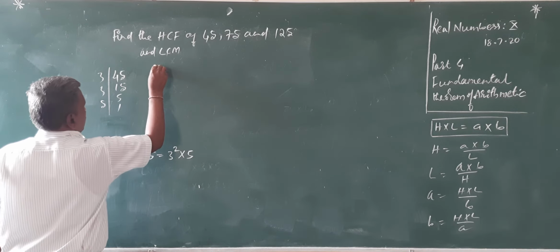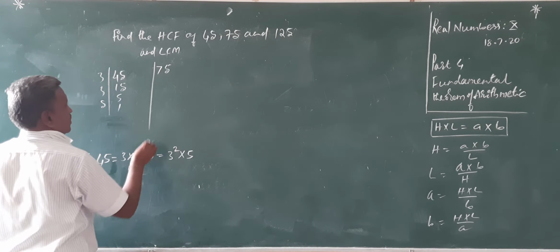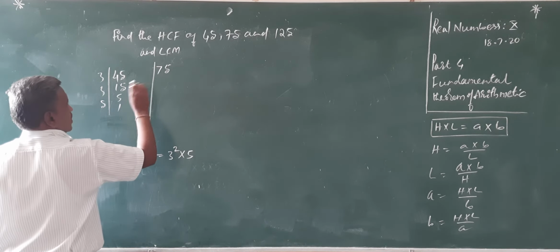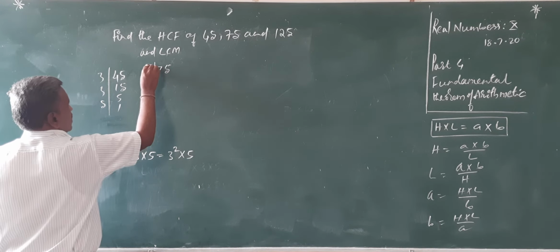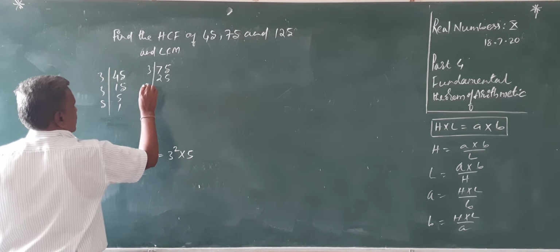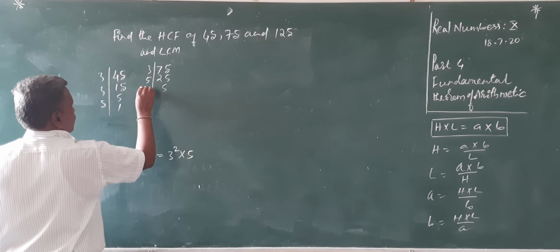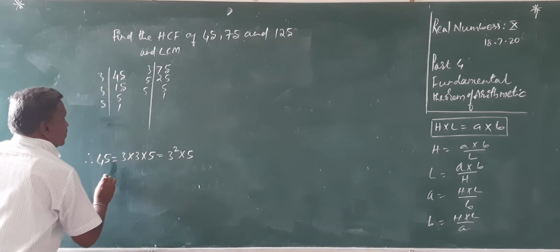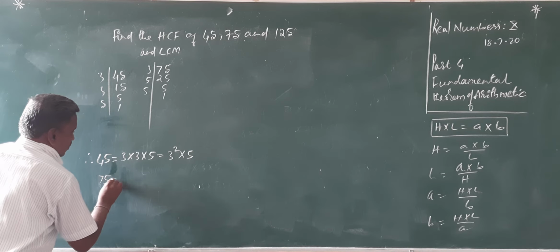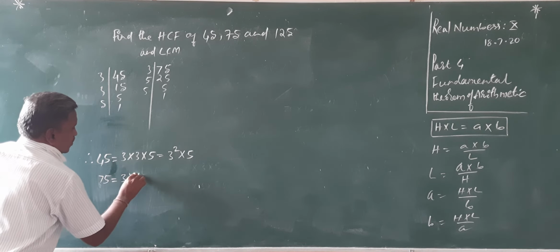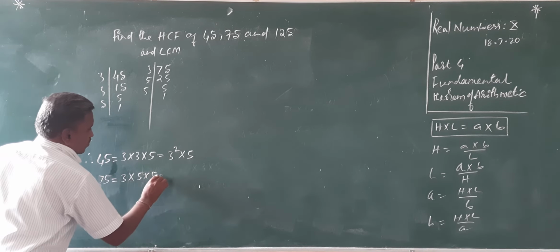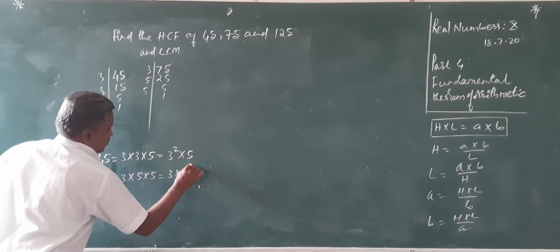And 75 is not divisible by 2. 3 into 25, 5 into 5, 5 into 1. So 75 equals 3 into 5 into 5, that is 3 into 5 square.